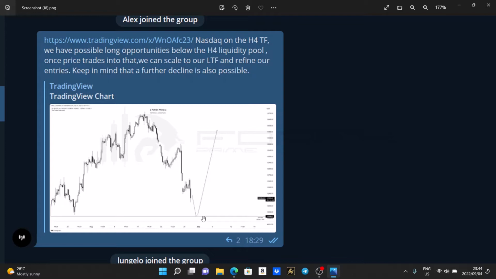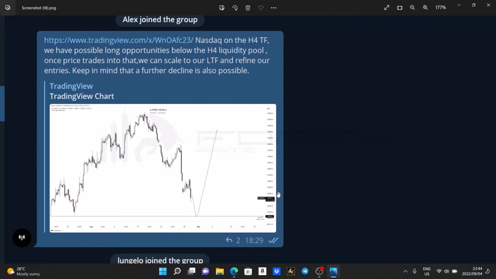So that is why it's always important, once price gets into your area of interest, to wait for your entries, to wait for your confirmations. You don't just want to enter once price gets into your area of interest. You want to use the confirmations that you do use to refine your risk and to catch those entries.